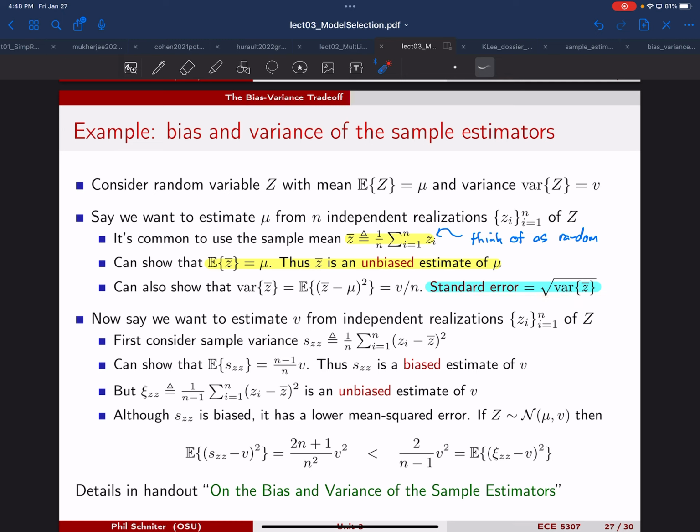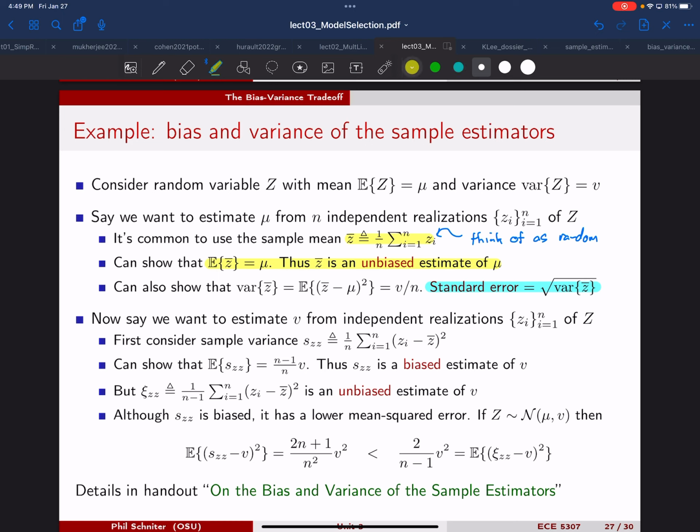And that's why we use it sometimes in our pictures and sometimes in our one standard error rule and so on. Okay, so that's a super important concept. Any questions on that?